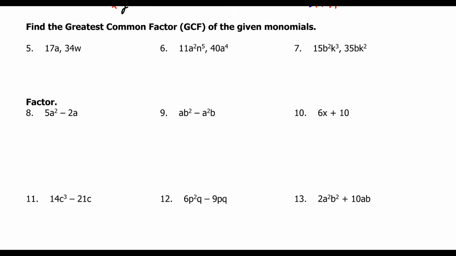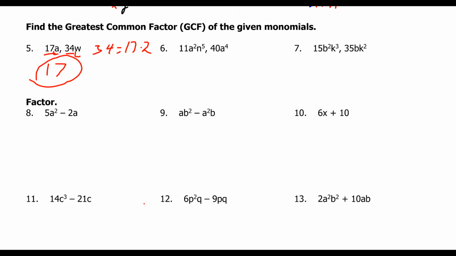So, if you'll notice, on number 5, we've got A and we've got W. No common factor between those two, but 17 and 34, 34 is divisible by 17, okay? 34 equals 17 times 2. All right, so we do 17 as our greatest common factor.